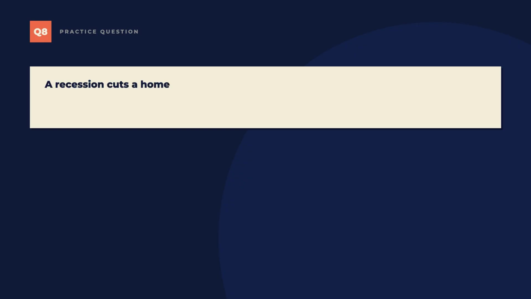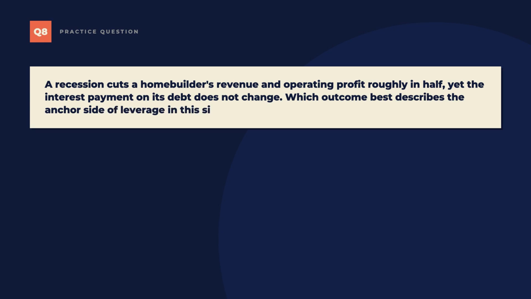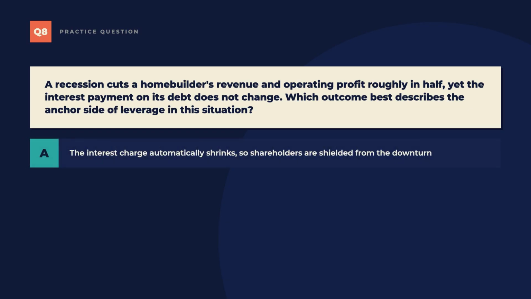Question 8. A recession cuts a home builder's revenue and operating profit roughly in half, yet the interest payment on its debt does not change. Which outcome best describes the anchor side of leverage in this situation? Your options are A. The interest charge automatically shrinks, so shareholders are shielded from the downturn.